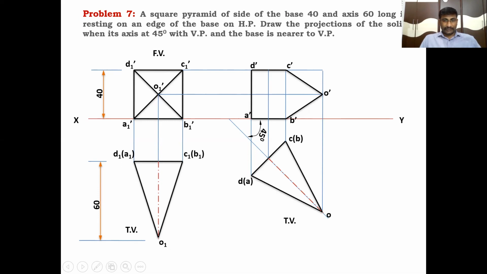When looking from this side, the base of this solid is invisible. Clear? So the base is in this position, and it is invisible. The AB side is visible, and the remaining side, the CB side, is invisible. That's why I'm joining C dash, B dash with a dotted line. And slant edges AO and DO are visible edges.